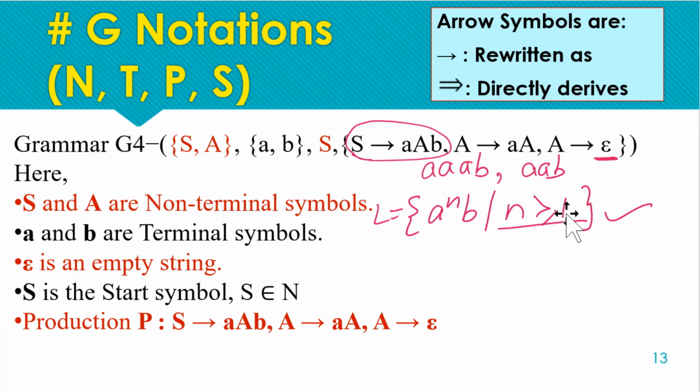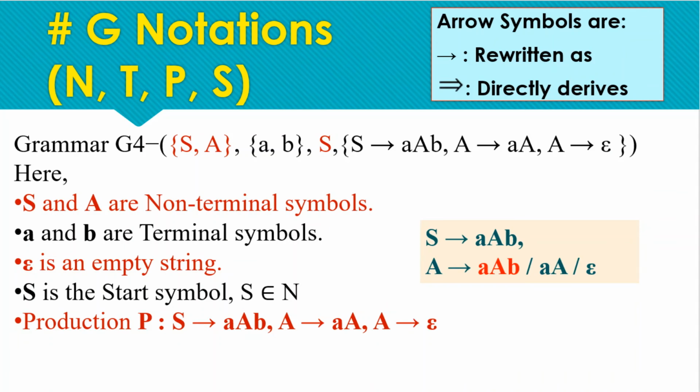If we modify or add one production rule like this, then we can have a string of a's followed by a string of b's. Okay, but here with this rule we have the option to add more a's than b's. So the language of this particular grammar with the new rule will be a raised to power n, b raised to power m, where n and m are greater than or equal to 1, right?